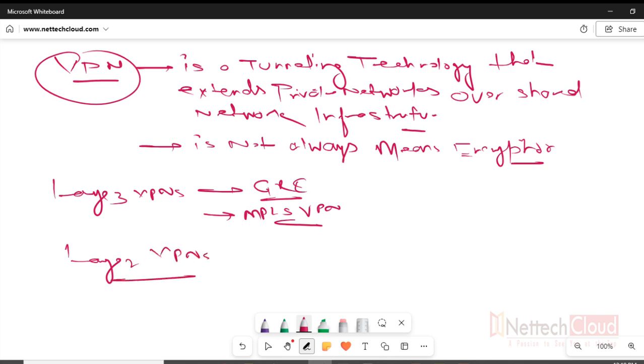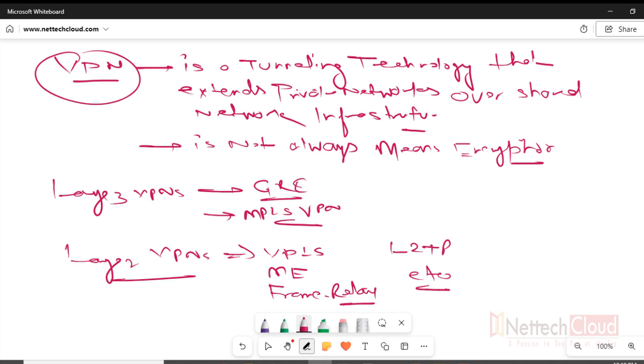And layer 2 VPNs, like virtual private LAN service, Metro Ethernet, and a very legacy WAN technology, frame relay, is again an example of layer 2. Or Layer 2 Tunneling Protocol is again a layer 2 VPN, etc.